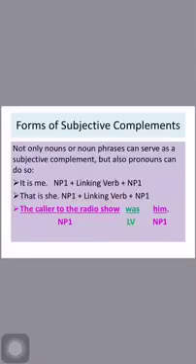So pattern number 2B, that's to say noun phrase 1, linking verb, noun phrase 1. Me here is a pronoun. It is no longer a noun or noun phrase. I might say it's Ali, it's me, it's the girl. So different forms of the subjective complement.